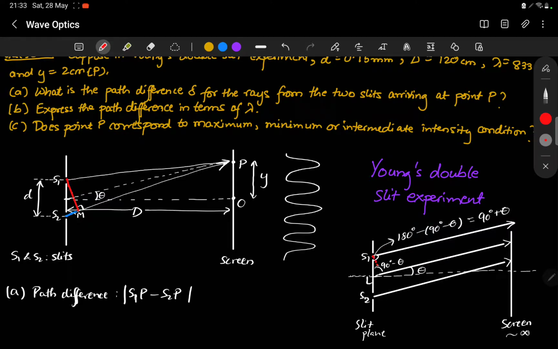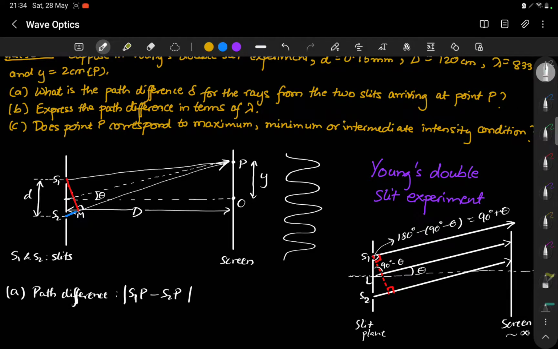Now if we drop a perpendicular, because all these lines are parallel, this angle is also 90 degrees, and since the total angle is 90 degrees plus theta, we get this angle right here. If I label these points, then angle S2 S1 M is equal to theta.